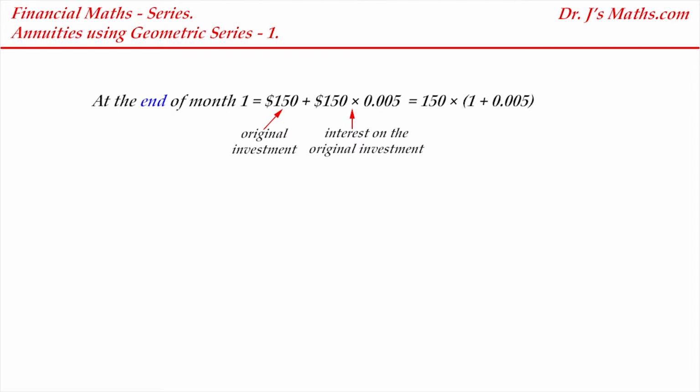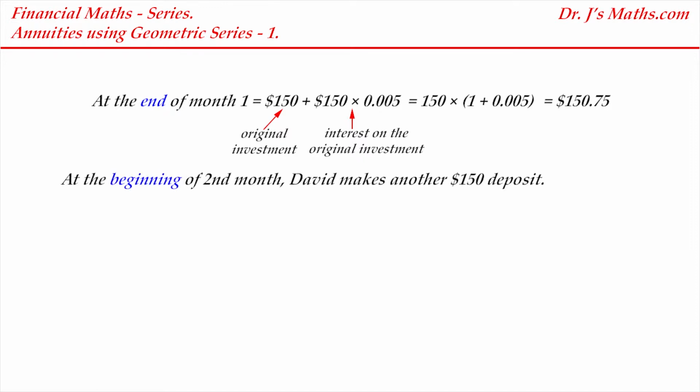So we'll factorise out the $150 from these two terms, and we're left with 150 times bracket 1 plus 0.005, which we could write as 1.005, and for interest's sake that turns out to be $150.75.